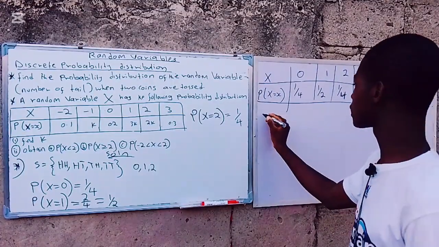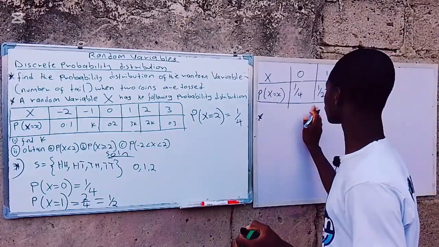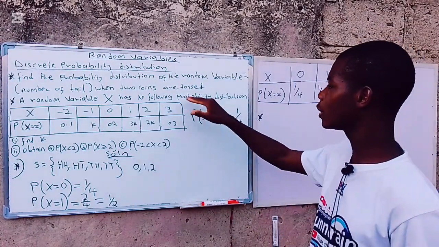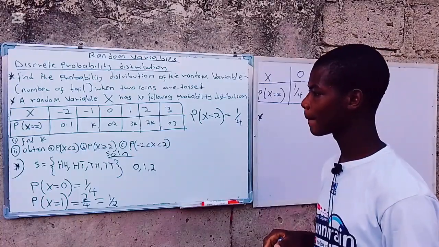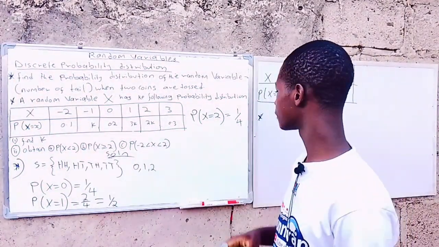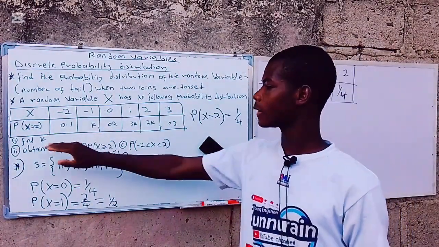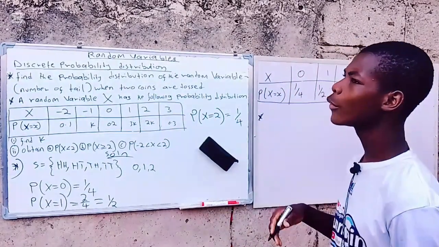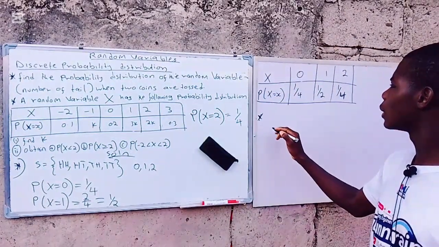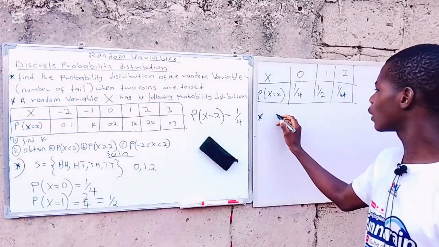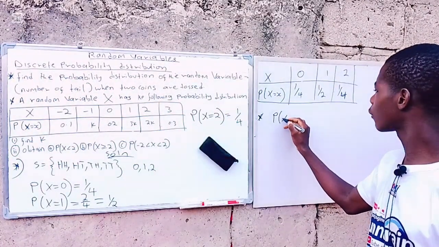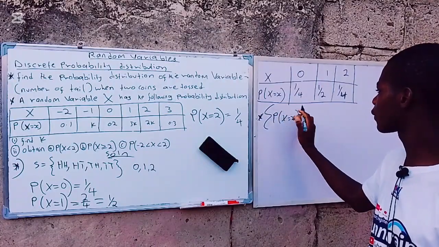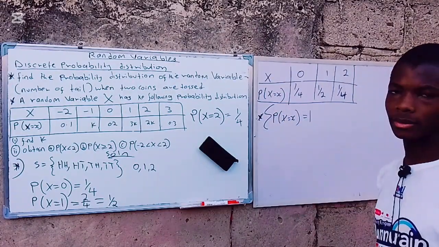So the next question says that a random variable x has the following probability distribution. The first question, we are to find the value of k. So we all know that the summation of the probability of X equals x is equal to 1.